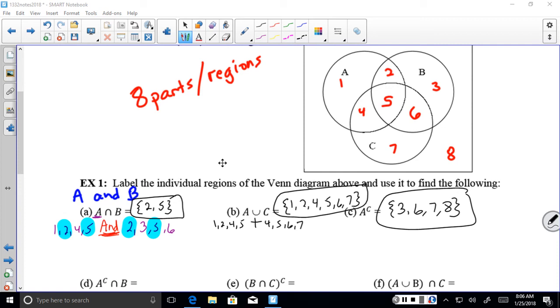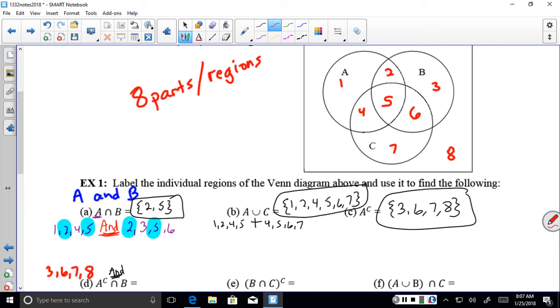Okay. The next one says A complement intersect B. We're starting to get a little more complicated, so your brain can start twisting. So I'm going to write this out. I'm going to actually write and on top because that's what intersection means. And then on the left side where it says A complement, I'm going to write down everything not in A, which we just did earlier. So 3, 6, 7, 8.